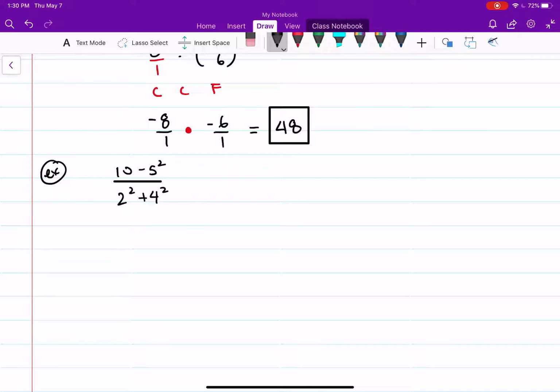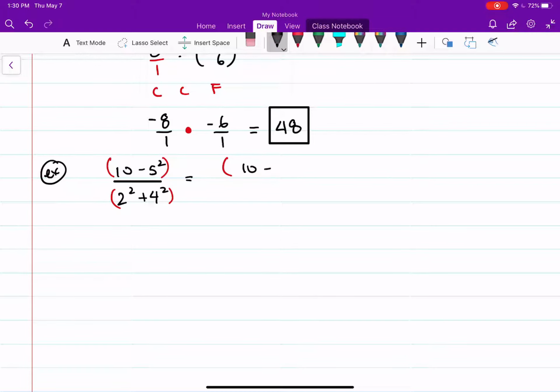Okay, so in terms of order of operations, there's really parentheses on this one here and this one here, because I gotta make the top as one thing and the bottom as one number before I can divide them. So I'm going to deal with just the top and just the bottom. So in both the top and bottom, inside the parentheses, it's going to be the exponent I got to deal with.